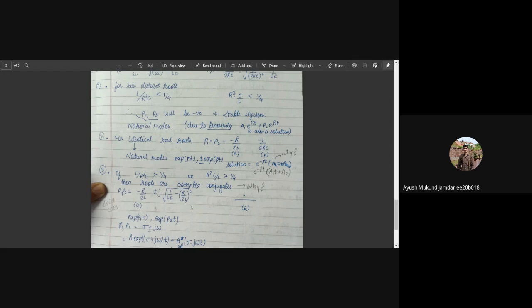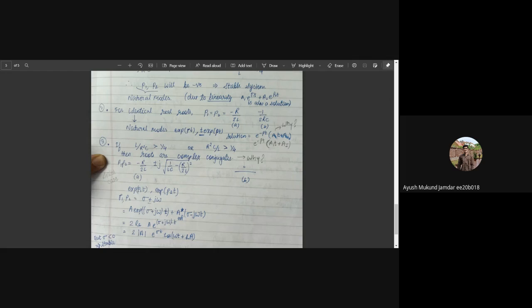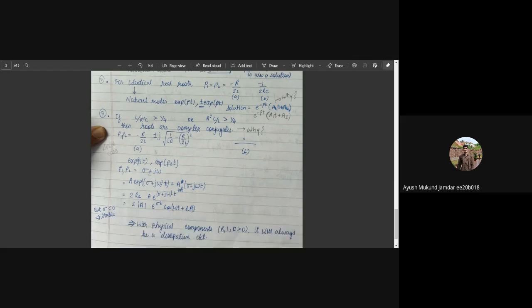Since the roots are now complex conjugates, we'll get the complete solution of the form A exponential sigma plus j omega times t plus A star, that is the complex conjugate, exponential sigma minus j omega whole times t, not only j omega t. On adding these terms, we get a decaying sinusoid. Decaying because sigma is negative for real systems, and this is a sinusoid. So a decaying sinusoid is the solution for this.